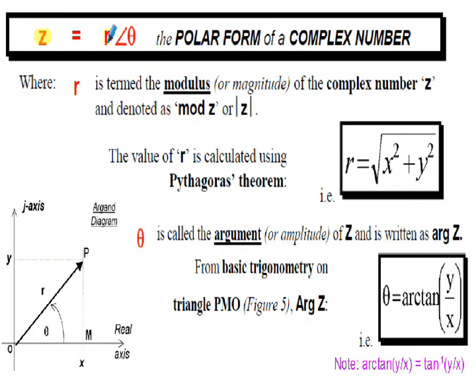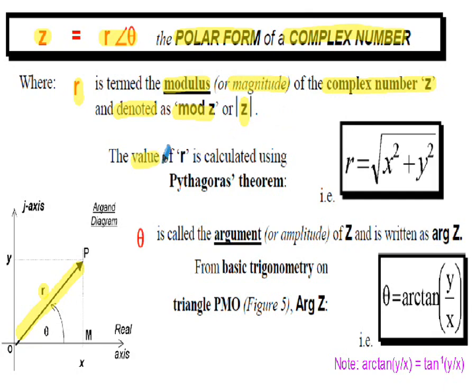Given that z is equal to r angle theta, the polar form of a complex number, r, which is the length of the phasor on the Argand diagram, is termed the modulus or magnitude of the complex number z, sometimes denoted as mod z or simply z between two vertical parallel lines, indicating magnitude.